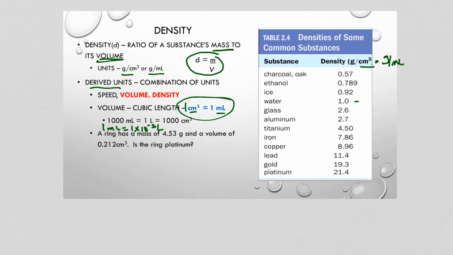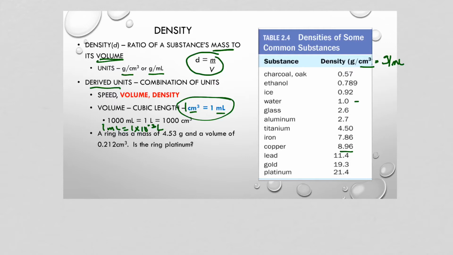Whereas ethanol is 0.789 grams per cubic centimeter. So it has a lower density, so the same volume is going to have a lower mass. Whereas other materials, such as lead, aluminum, lots of metals, have densities that are much higher than this. For example, copper is 8.96 grams in every cubic centimeter or every milliliter.